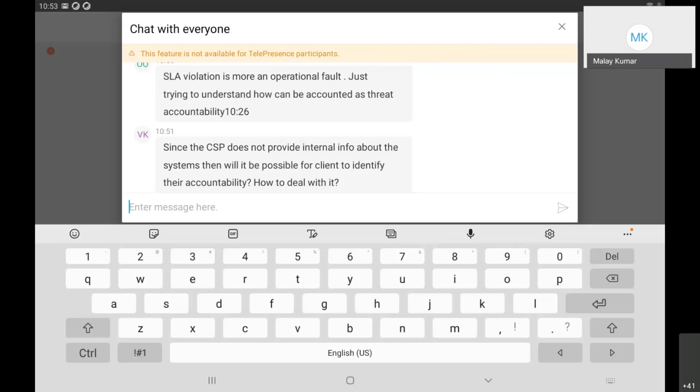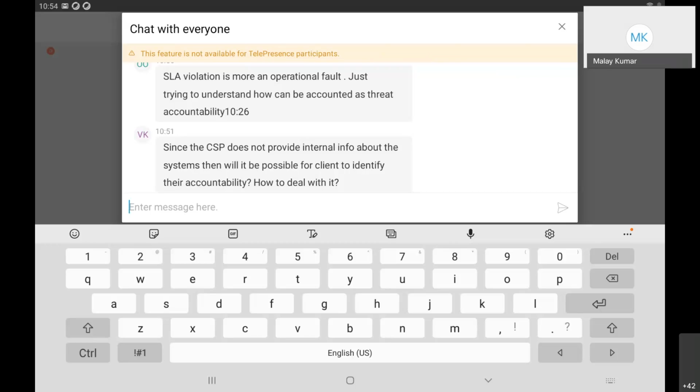A cyclone happened, and due to that cyclone the entire data center is flooded, and due to that flooding a cloud outage happened. Such things happen.